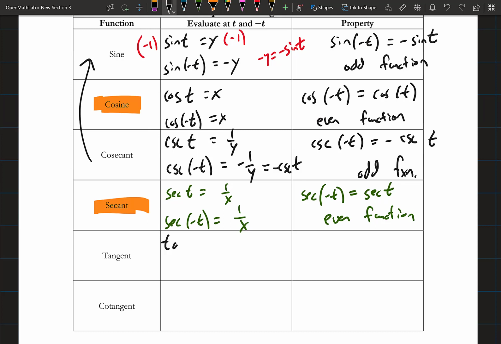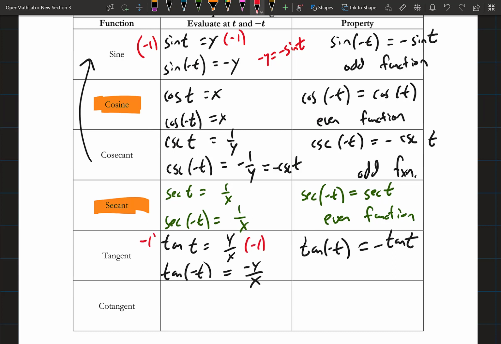So tangent of t is y over x. It turns out that tangent of negative t is equal to negative y over x. So what that means is that tangent of negative t is equal to negative tangent of t, because again we can multiply both sides by negative 1. So that means that this is an odd function.